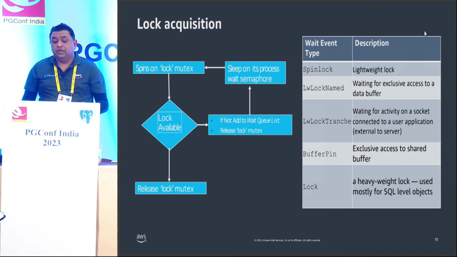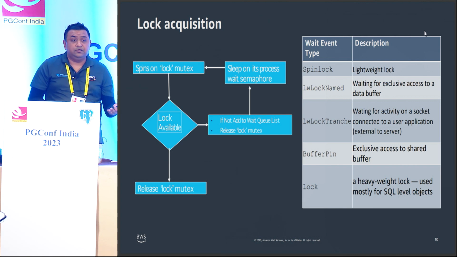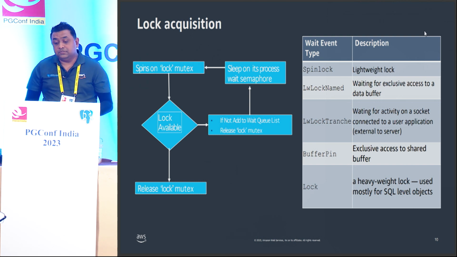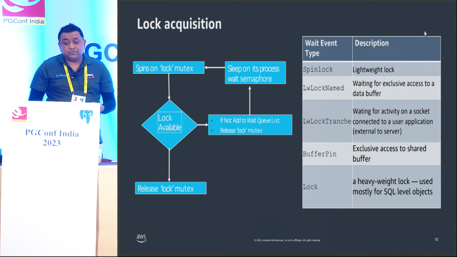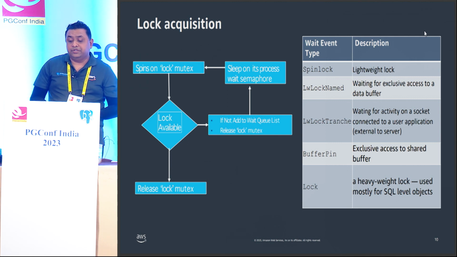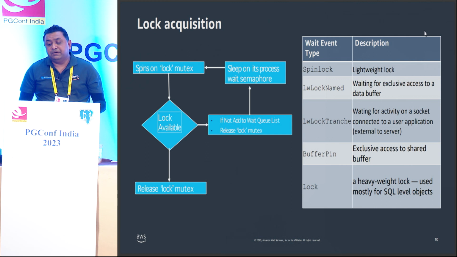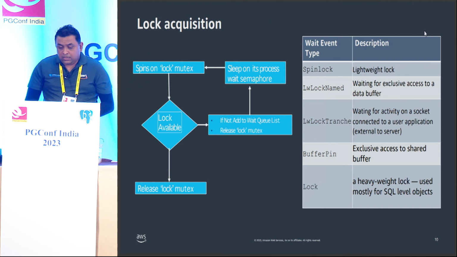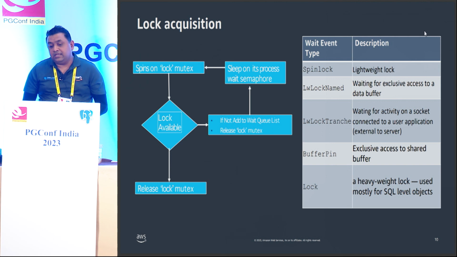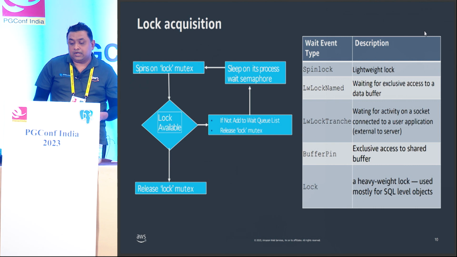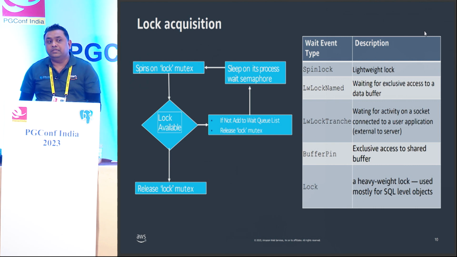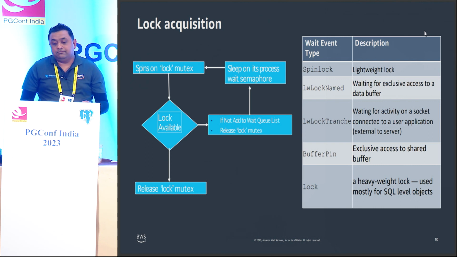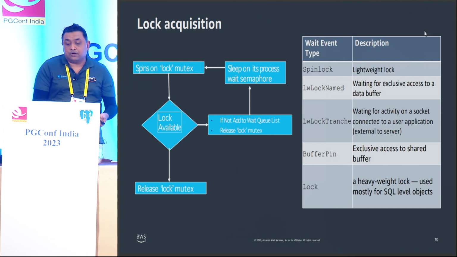And then you'll have your heavyweight locks, which are used for protecting SQL objects like tables or indexes against concurrent access. Postgres uses multi-version concurrency control to reduce the locks needed, but we cannot completely do away with locking. For example, you can still run a select of the sum of all account balances whilst there are concurrent updates to debit and credit accounts.